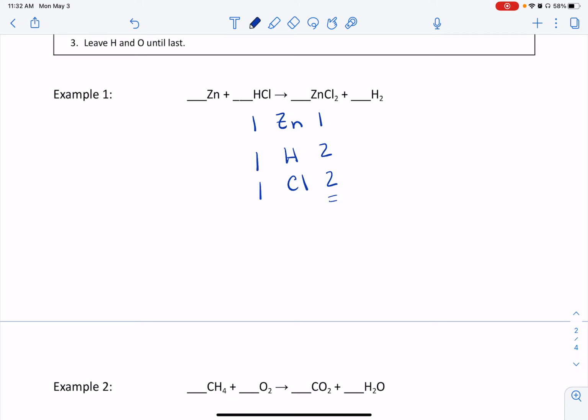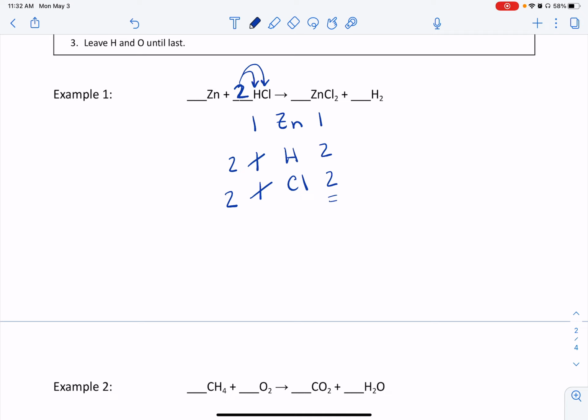I'm going to put that 2 as a coefficient. That's the number before the molecule. Okay? Now this coefficient multiplies by both of these. So now instead of having 1 hydrogen, I have 2 hydrogens. And instead of having 1 chlorine, 1 times 2 is 2 chlorines.